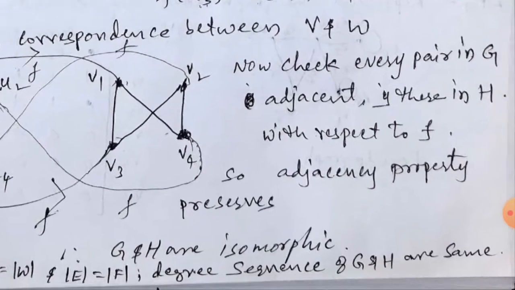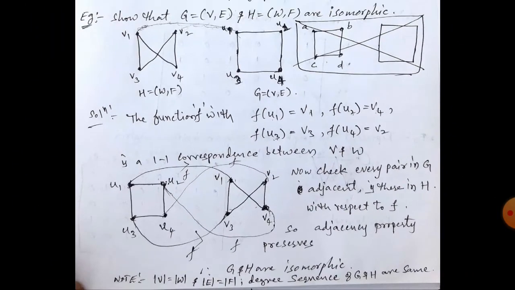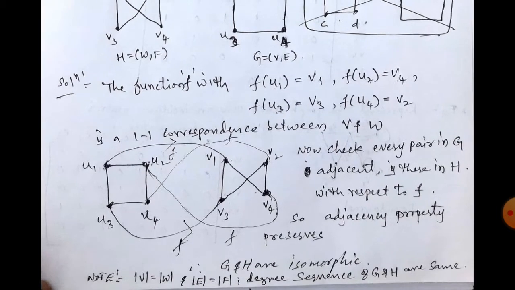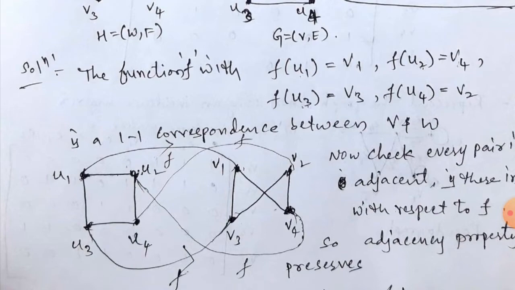Of course, the degree sequences of G and H are the same. Degree sequence means we write the degree of each vertex of the graph in ascending order.